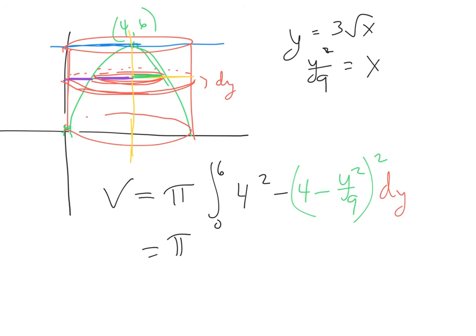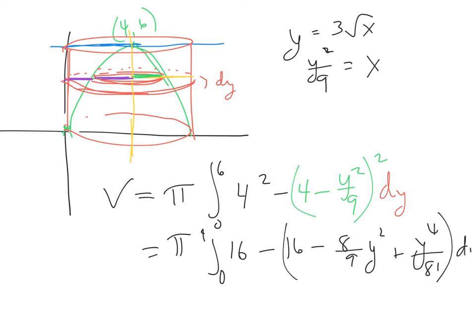So I'm going to now go ahead and integrate. You can go ahead and follow, or you can say, I'm good, I've got the setup, that's all I needed to worry about. Because the rest of it is the same thing we've been doing. So from 0 to 6, I'm definitely going to simplify this one first. I'm foiling right now. I'm not going to write it all out this time. You're welcome to do so. I'm getting 16 minus 8/9 y squared, and then plus y to the 4th over 81.